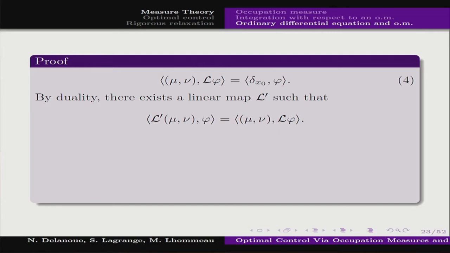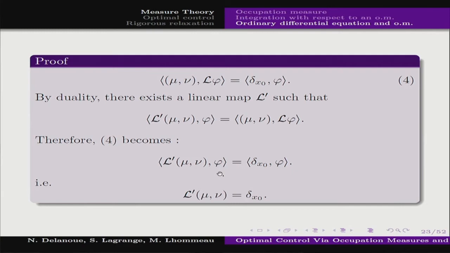So I do the same here to put the linear map L onto the measures. As you can see, equation 4 becomes this one. As soon as it is true for all functions phi, I can write this linear equation. That's all. So it creates an equation of the form Ax equals b for any differential equation. Now the unknown is the occupation measure.